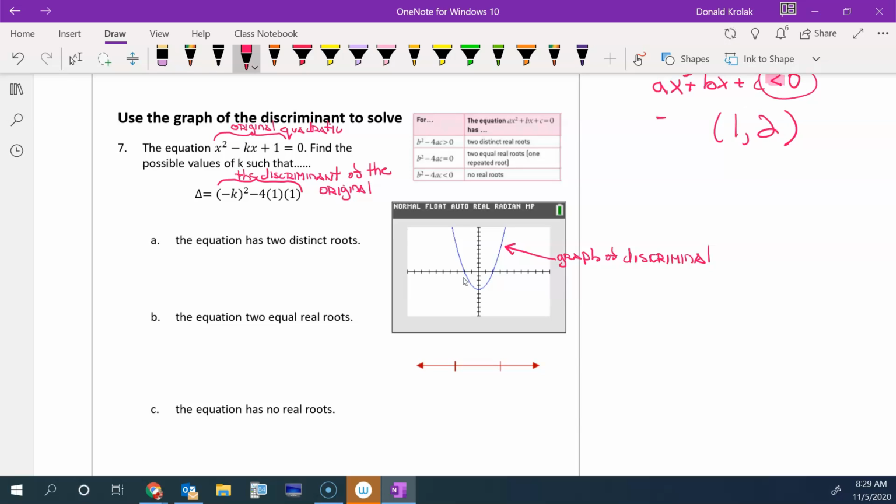If we take the x-intercepts here, this x-intercept is -1, and this x-intercept of the discriminant is 2. So I'm going to put those right here, -1, 2.